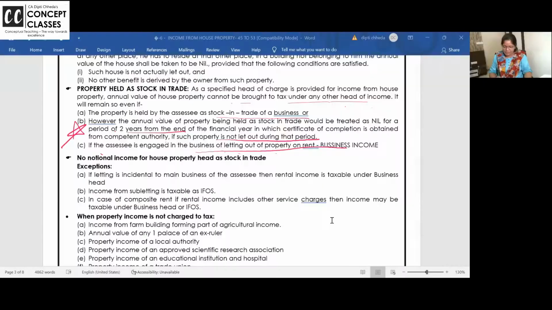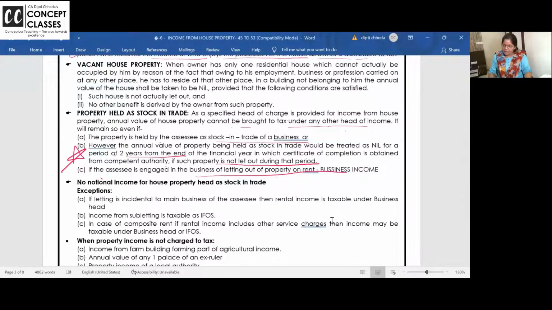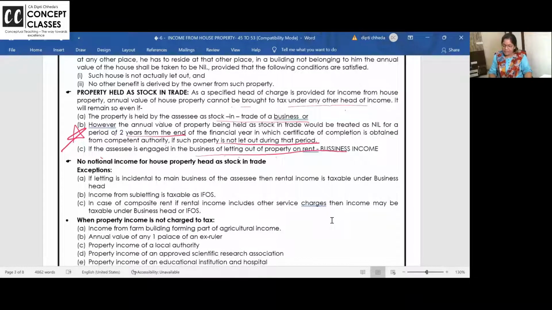No problem. I'll read it once again and it will be clear to all of you. As specified, a head of charge is provided for house property. Annual value of property cannot be taxed under any other head, even if the property is stock in trade. Buying and selling of property, in between you stopped. Selling of the property is not possible, so let us put it on rent.